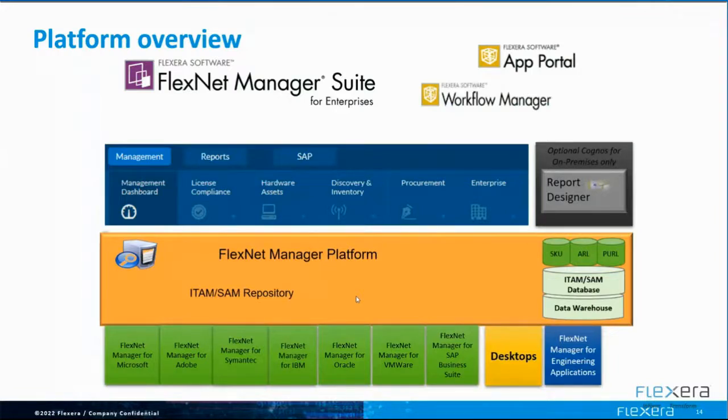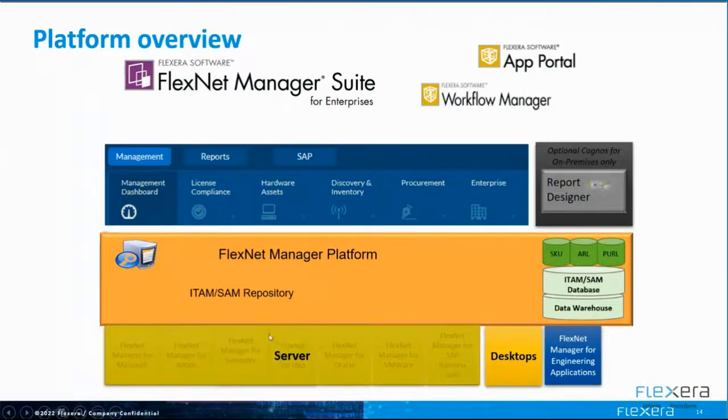So I'm moving forward, just to give you a little bit of view on the, I would say, functional view of the tool. We have a number of processes which are displayed that way in on-premise, but are displayed nearly the same way in the cloud, which is managing license, hardware state, discovery, procurement, and the enterprise groups. And there are a number of PURLs, product use right libraries, that we call, which you get.